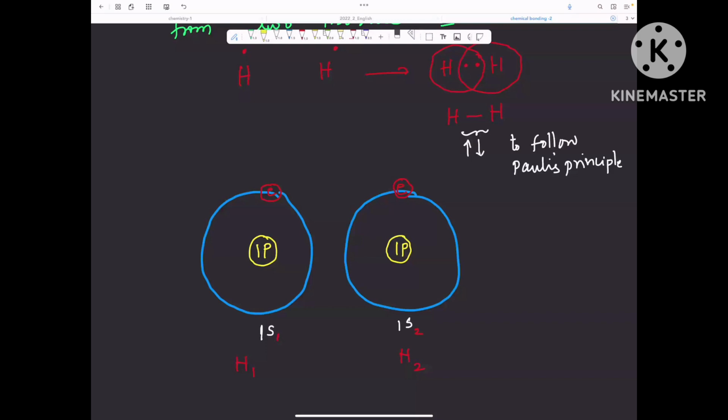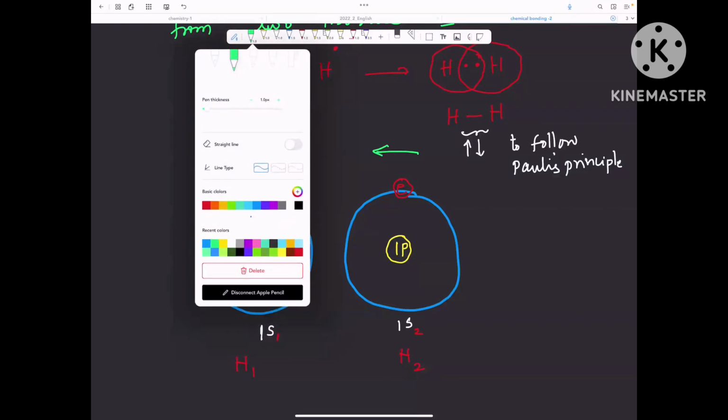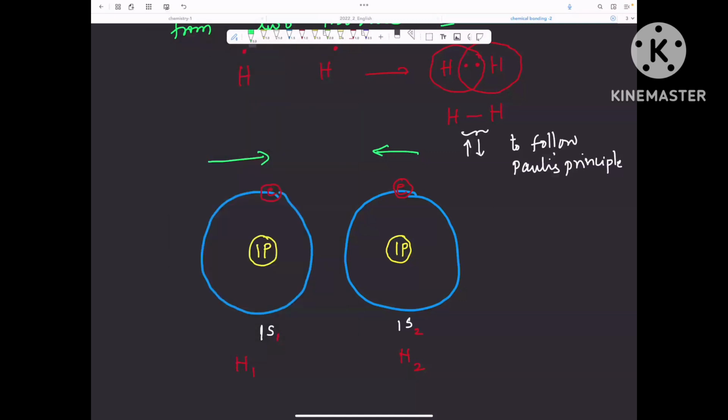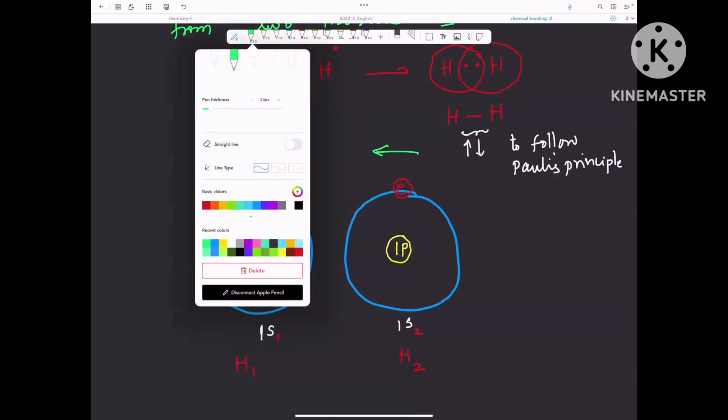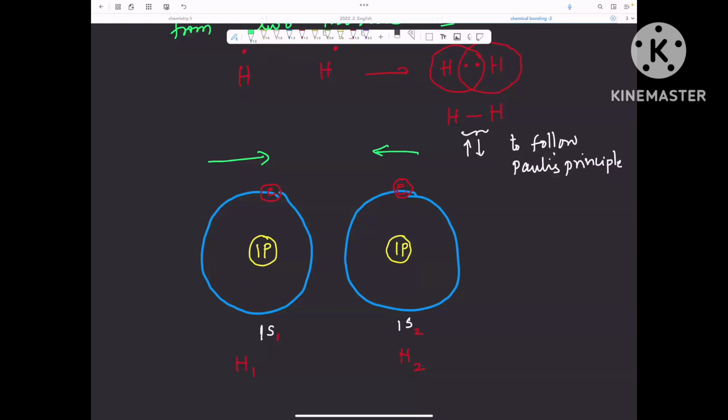When both atoms are coming closer and closer, initially attractive forces start. Where do they operate from? For example, the proton and proton get repelled.